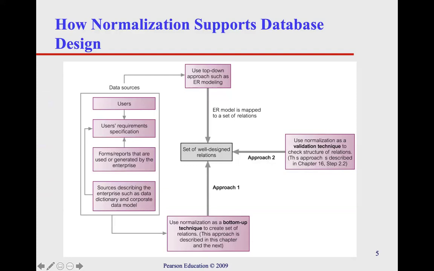But over here, this gives you a good idea of how you obtain the information you use to design the database. So you talk to users and interview them, and they give you some requirements. That's one way you get information. Another way is you look at the forms or reports that the organization generates.